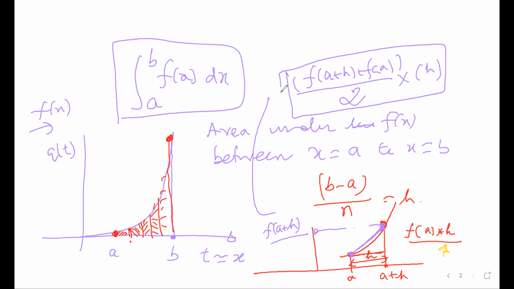Now you can easily guess that for this particular fictitious example, the error will be much less than what we have if we consider this as a rectangular approximation. Okay. Similarly, if you have a curve with higher nonlinearity present, then your rectangular approximation will not be a good strategy.